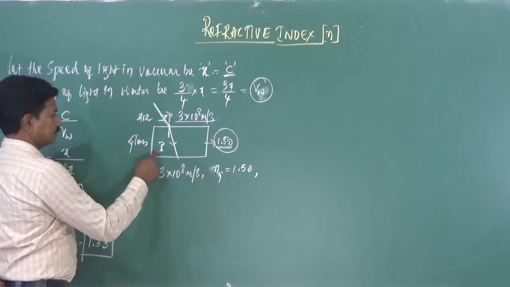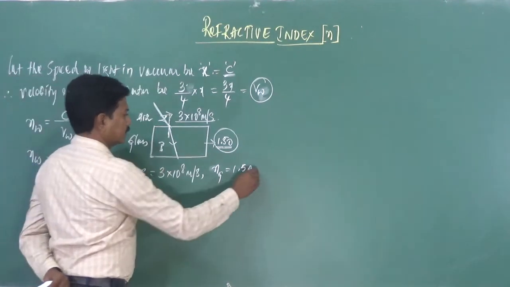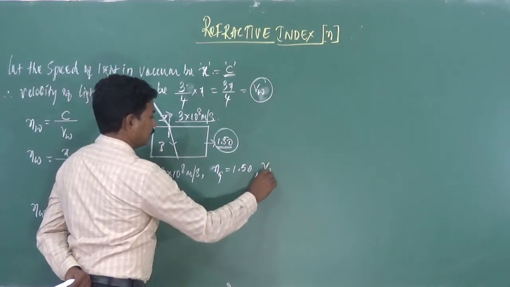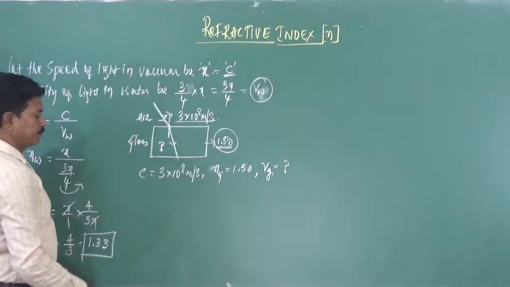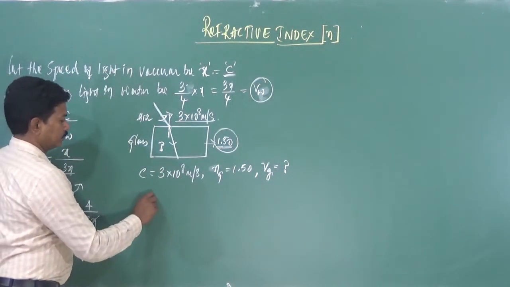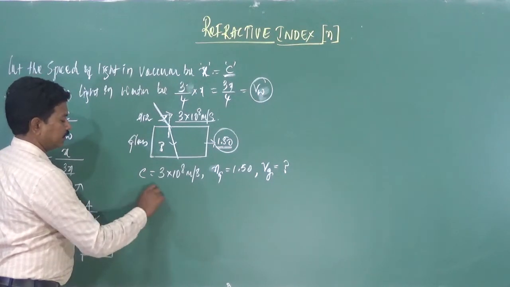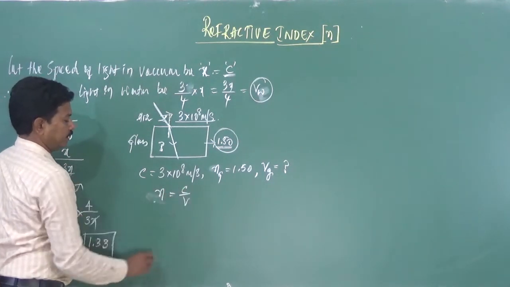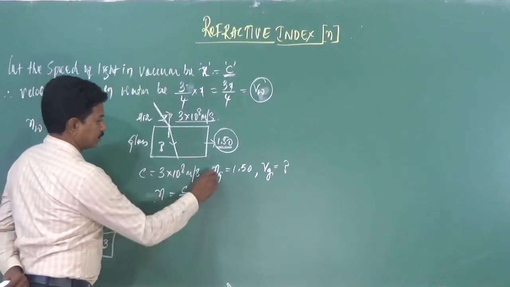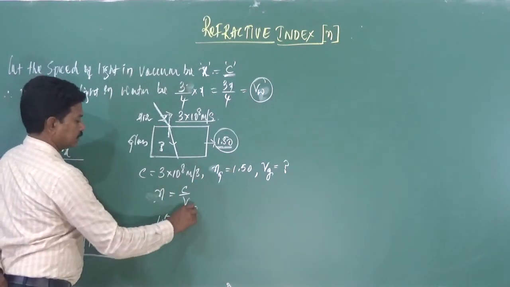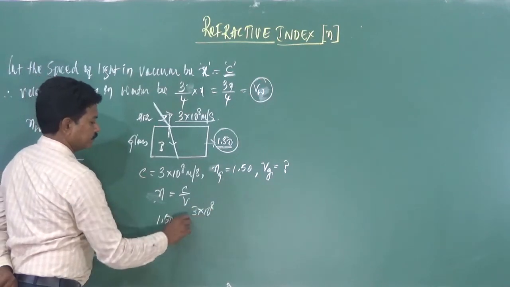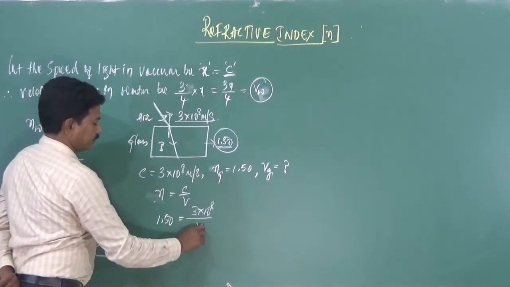You have to find the velocity of light in glass, Vg. A very simple formula we can use: N is equal to C by V. N is nothing but Ng, that is 1.50 in this case, and C is 3 into 10 to the power 8, by Vg.